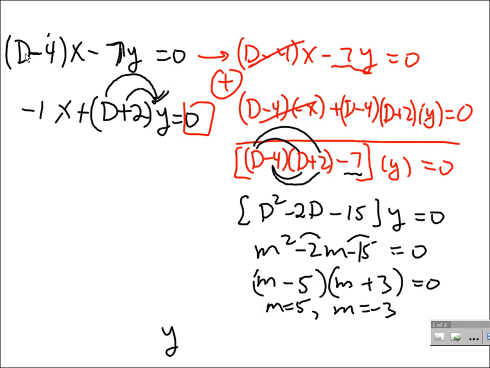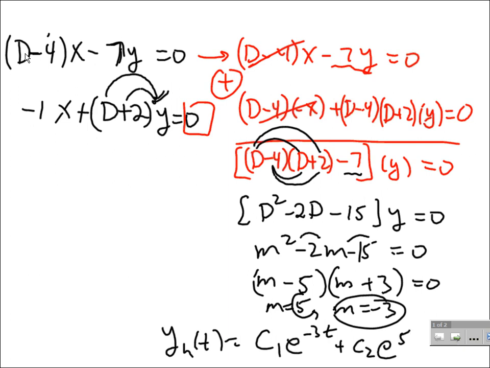So the homogeneous solution, y of t, will be c1 e to the negative 3t plus c2 e to the 5t. Let's write that up here. y homogeneous is c1 e to the negative 3t plus c2 e to the 5t.